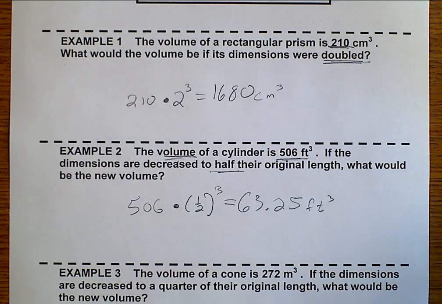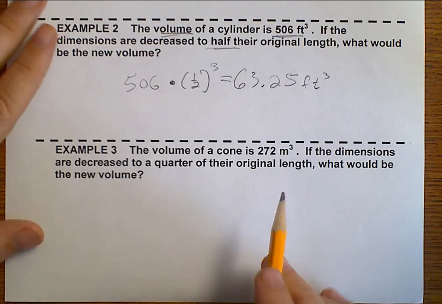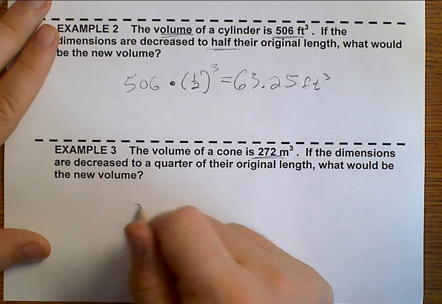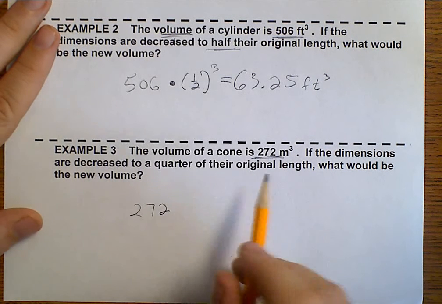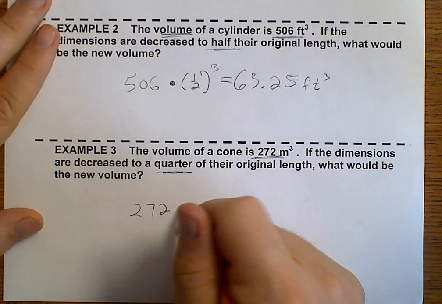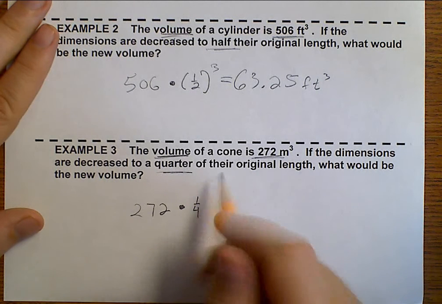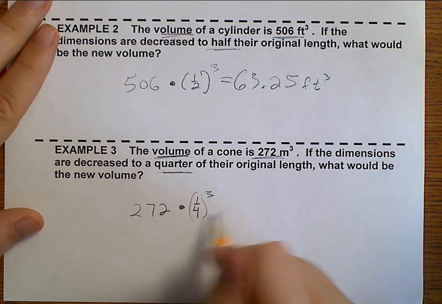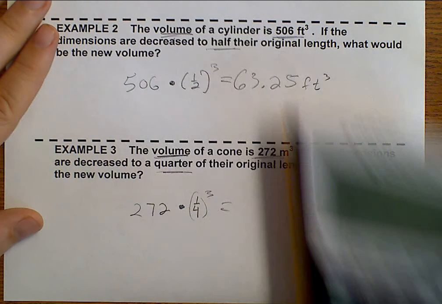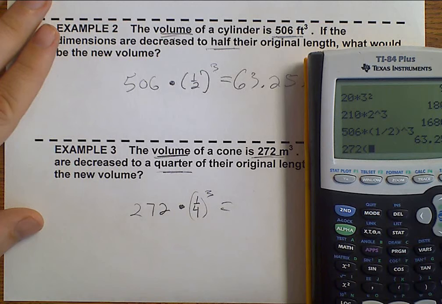And now for our last example, we have a cone that is 272. The dimensions are a quarter. And this is volume, so we cube it. So 272 times 1/4 to the third equals 4.25.